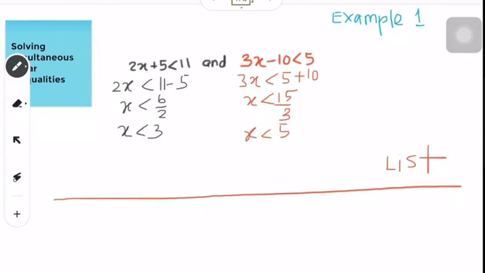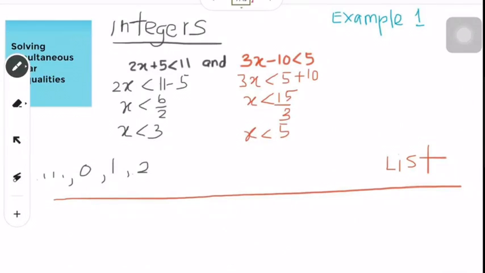Let's take integers, which means whole numbers. We ignore the decimals for now. If x is less than 3, what are the possible values of x? 2, very good. 1, 0, and so on.